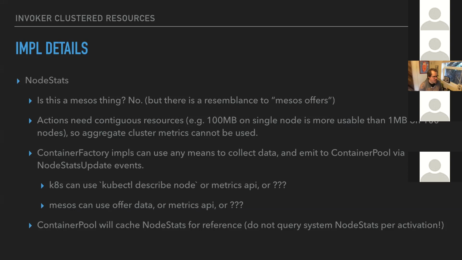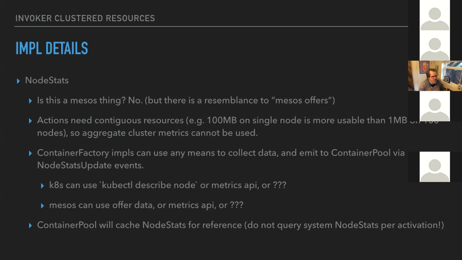And container pool will cache node stats for reference, because we really don't want to introduce delays into the container pool that says, okay, for every run message, we're going to reach out to the container factory or whatever and say, can the cluster manager launch this action? Okay, yes or no. And then the next run message, we don't want to tolerate delays in the run message processing at the container pool.